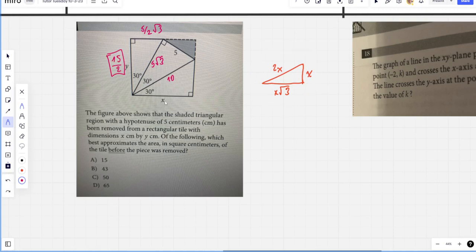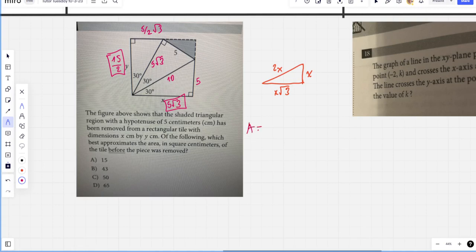We can also find the value of x. This is a 30, 60, 90 triangle as well, with a hypotenuse of 10, which means that this smaller leg has to be half that, which is 5, and the longer leg has to be 5 root 3. So we found the value of x as well.